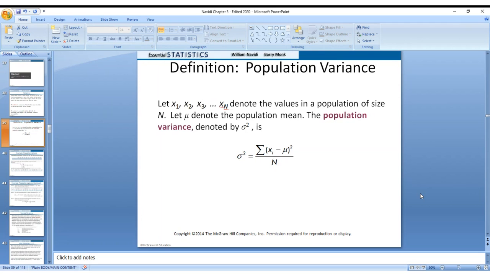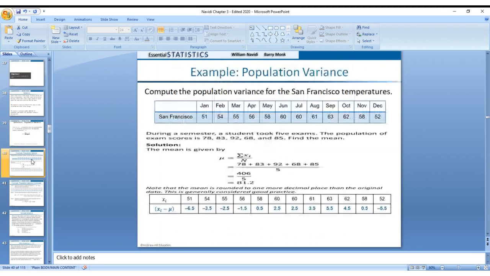And then you're dividing in the same way that you do with the mean by the number of data pieces that you have. Now, this is for population, and there's a slight difference when it comes to doing the sample, and we'll look at that in a little bit.